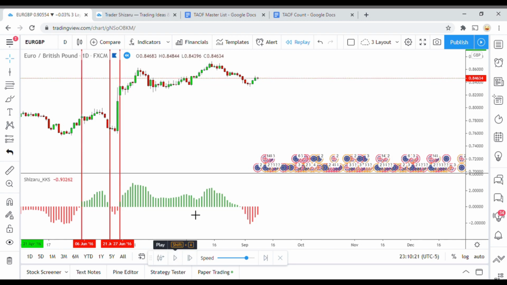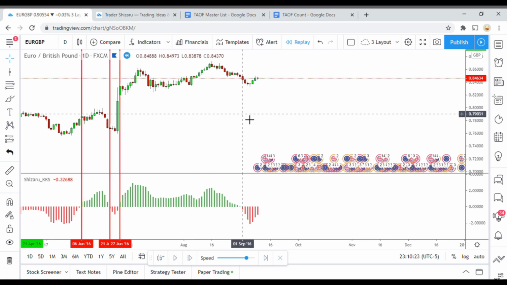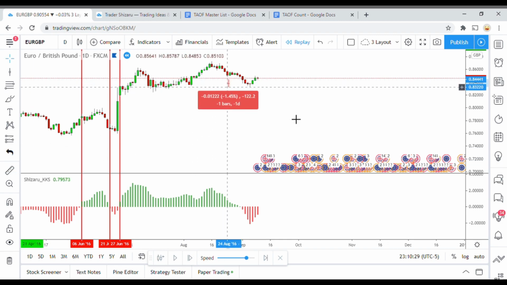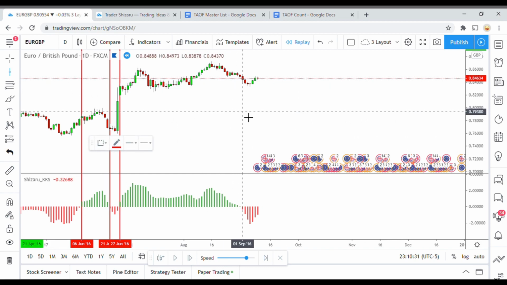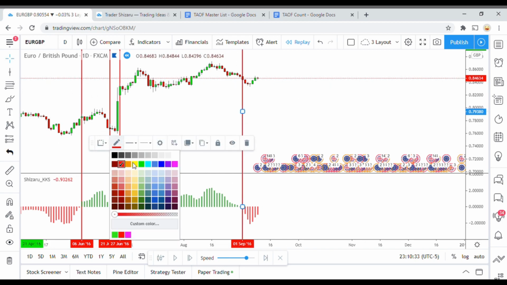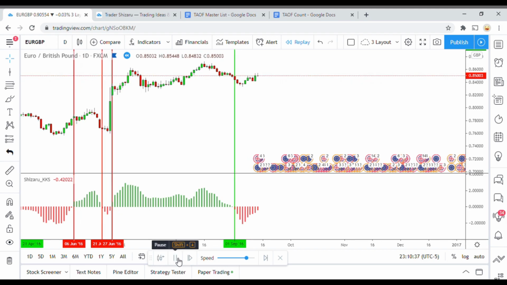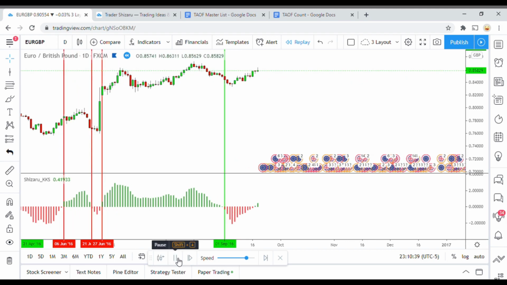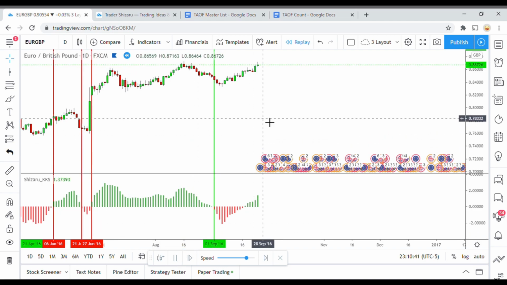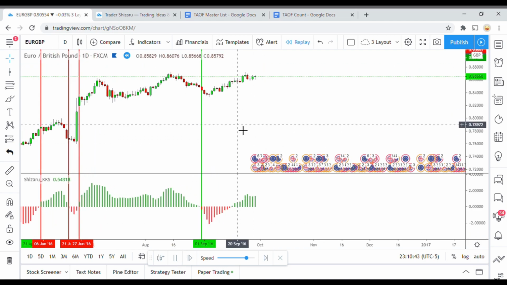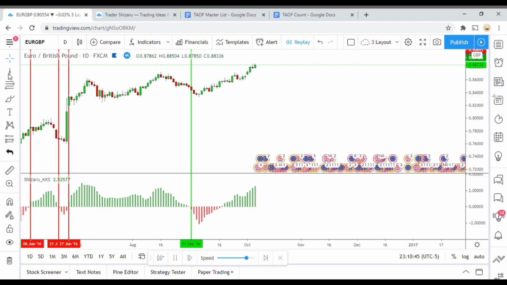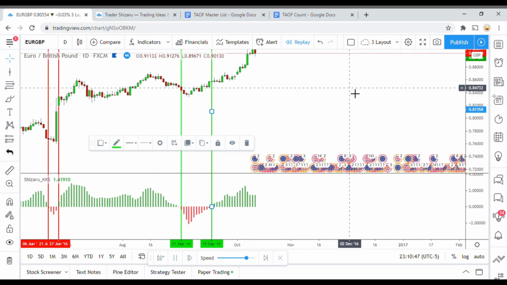There we pick up a short. Right about there. That looks like it got us to take profit. Yep, it did. So that one worked out for us. And we pick up a long over here. That one got us to take profit.